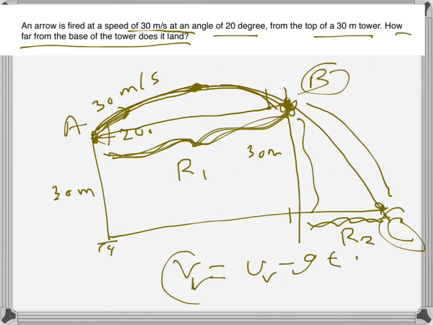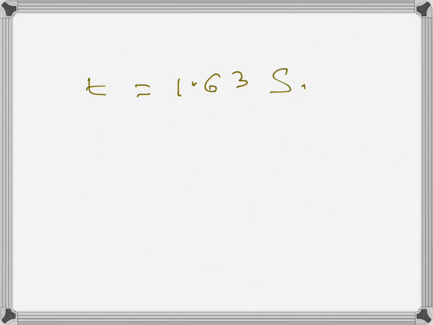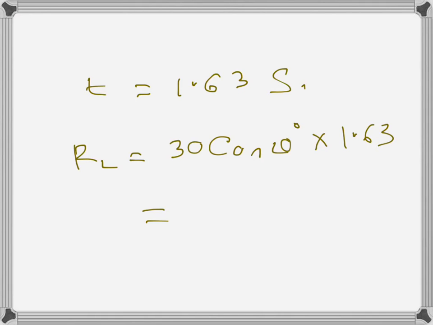Now what is this distance? In order to find that, again we have to look at the horizontal component of the velocity multiplied by the time. So R2 will be 30 cos 20 degrees times 1.63, which becomes 44.95.